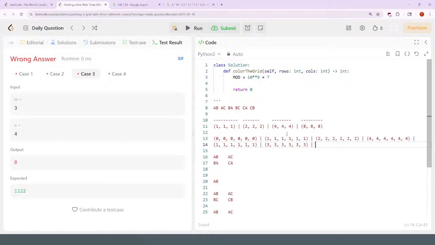So if it's a C, let's say this is BA, so there's 3 ways of getting BA here. And for here, there's 2 ways of getting BA, 2 ways of getting BC. Wait. So this is BA here.